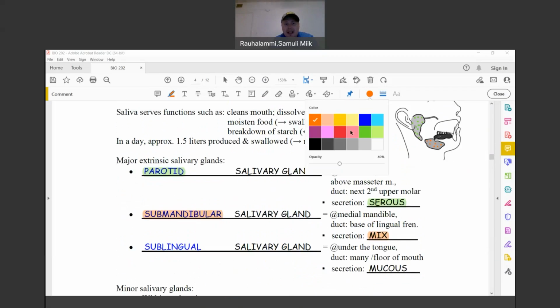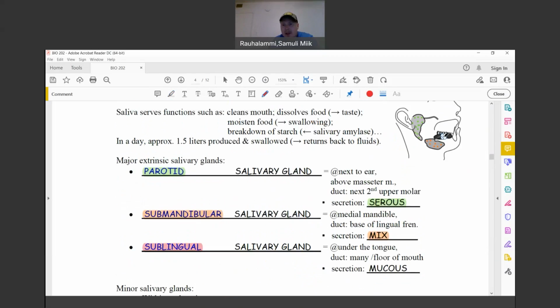And the final salivary gland that I wanted to talk about is going to be called the sublingual salivary gland. Again, the name is a great clue. So it's below the tongue, the lingual structure. And this salivary gland actually has multiple ducts.